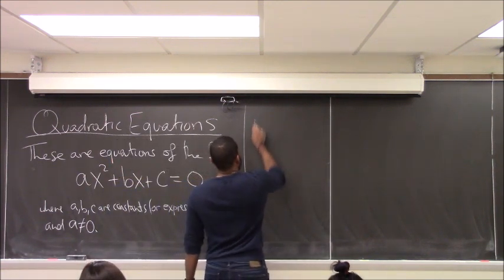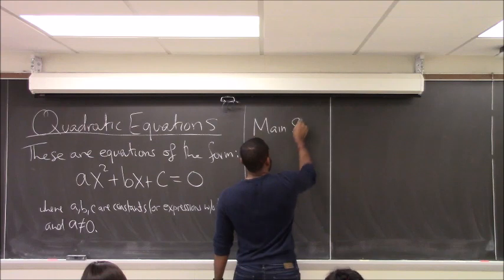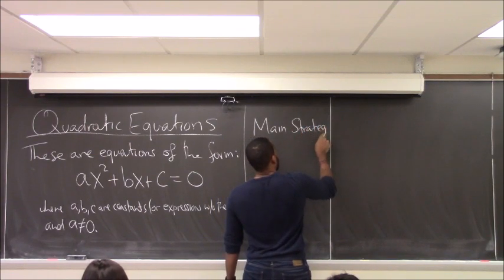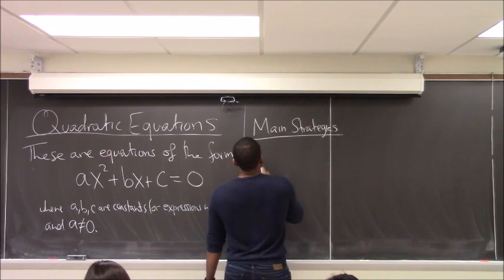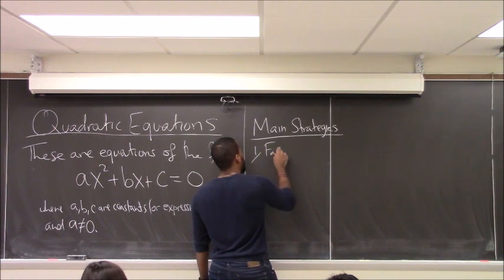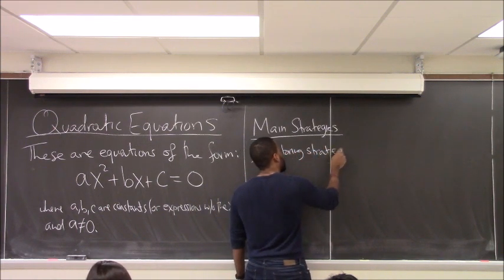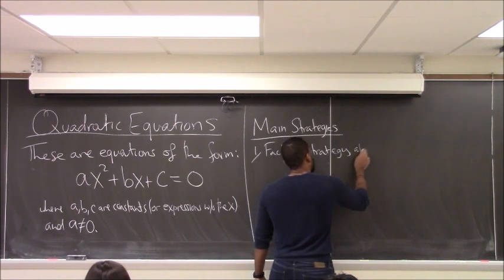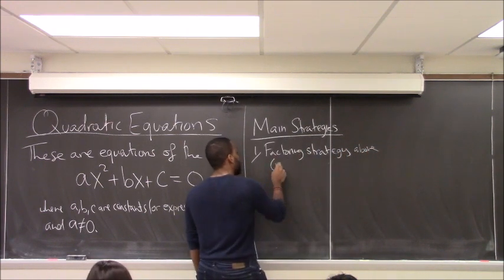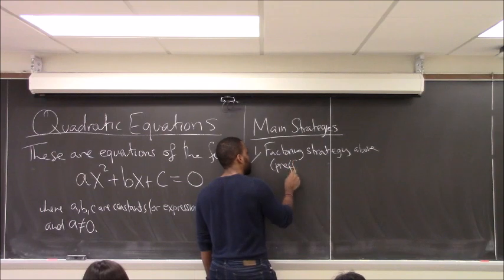So the main strategies here. One, the factoring strategy. This is in fact the preferred strategy. If you can get this to work, do that.